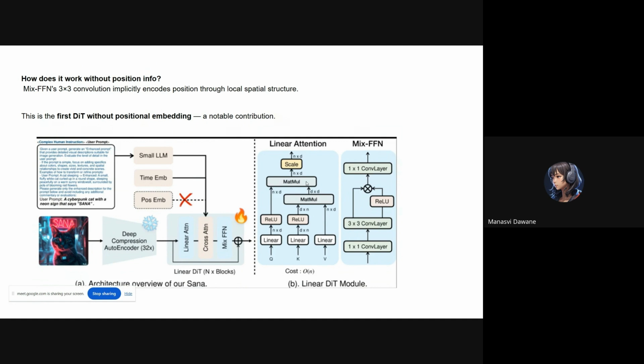Next is the Mix-FFN mechanism. First is a 1x1 conv layer, which combines the features across channels at the same position. Then we have a 3x3 conv layer, which combines features from neighbors. As I said, it checks the neighboring positions.